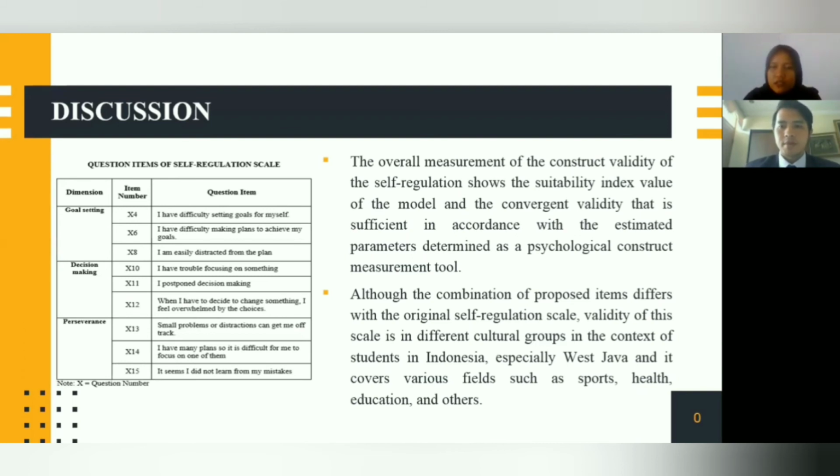The combination of proposed items differs from the original self-regulation scale. Validity of this scale is in different cultural groups, in this case students in Indonesia, especially West Java, and it covers various fields such as health, education, sport, and others.